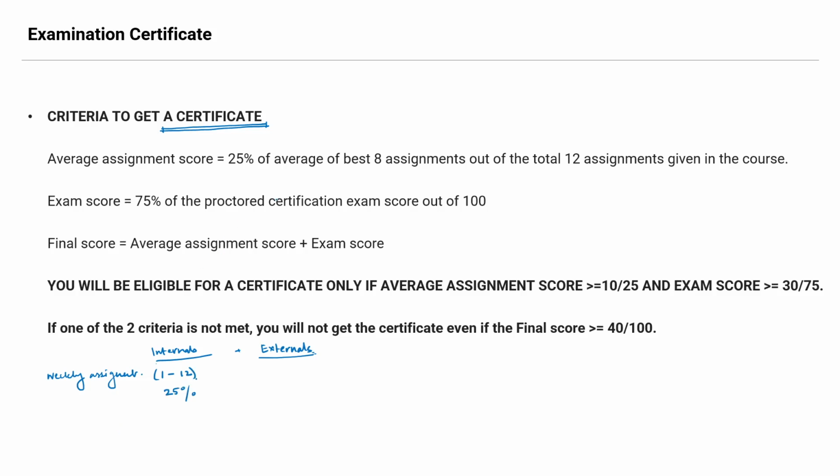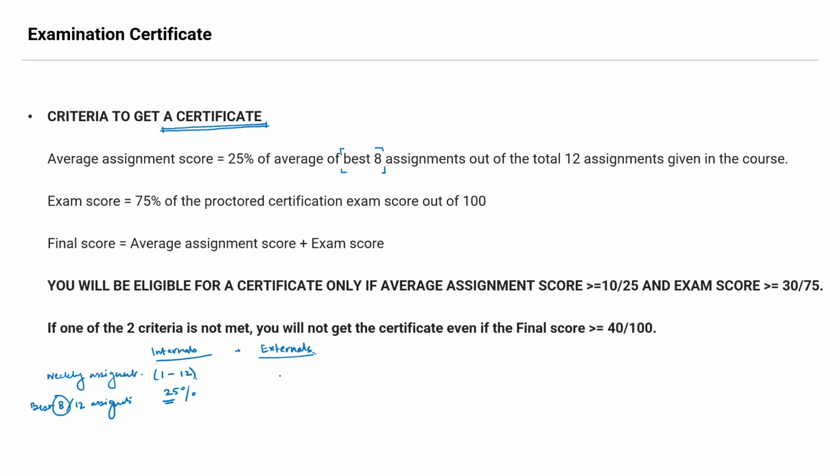Another thing is that out of these 12 assignments, we will only consider the best 8. So the best 8 out of 12 assignments will be considered to calculate your 25% weightage marks.